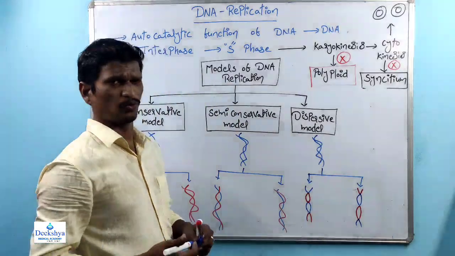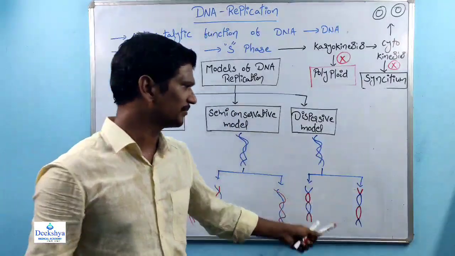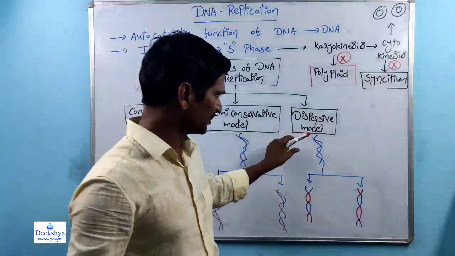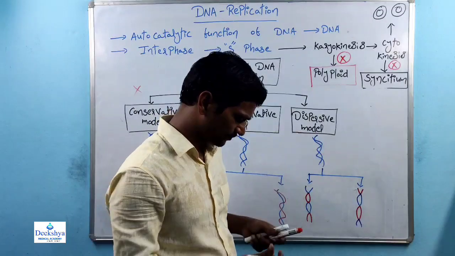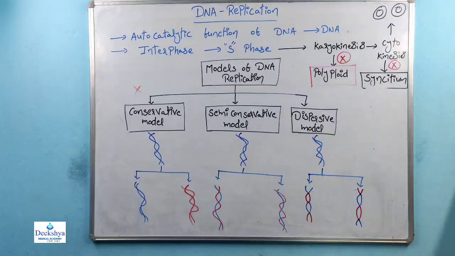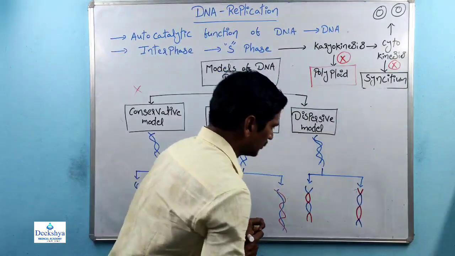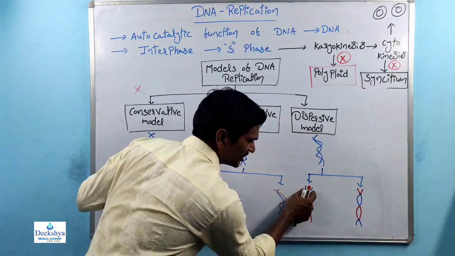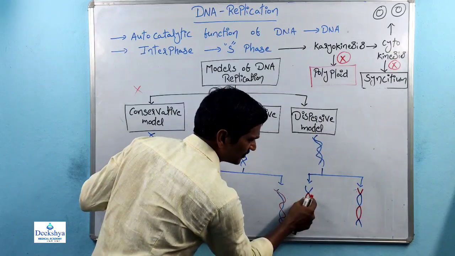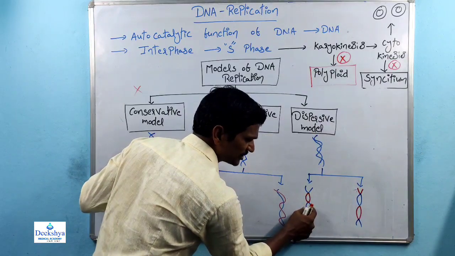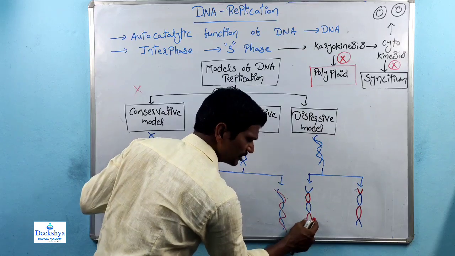So what I am telling here, exactly by this model, a bit of the DNA belongs to the parent DNA and another bit is newly synthesized. Again another bit belongs to the parent DNA, another bit is newly synthesized.